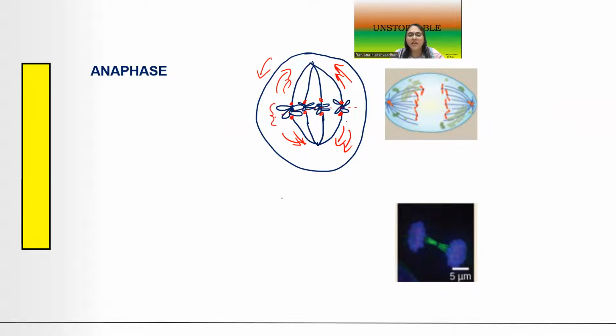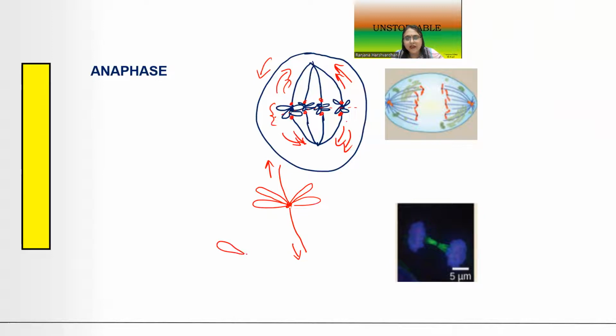From this particular stage, if I draw individually, and suppose I draw one spindle fiber, and if this thread were to move in this direction, then what will happen?